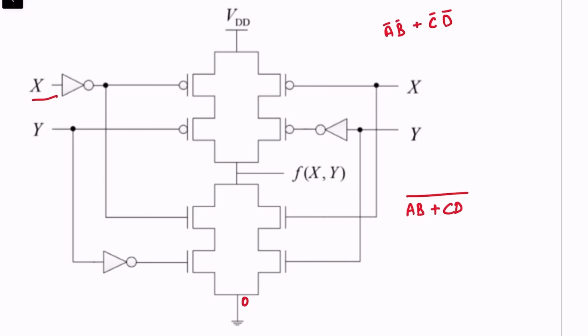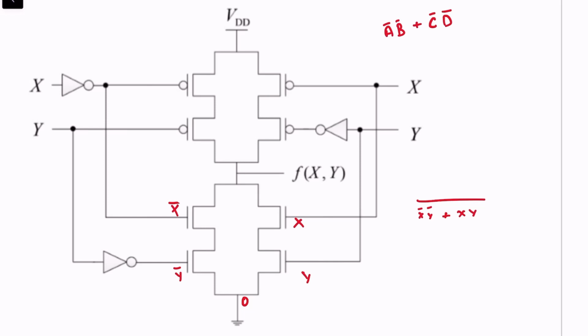So in this case, you can see that X is coming in, so that's X bar because it's coming through the inverter, and in this side we have X, and in this side we have Y bar going through the inverter, and in this side we have Y. So for the N stack it becomes X bar Y bar plus XY the whole bar, right?